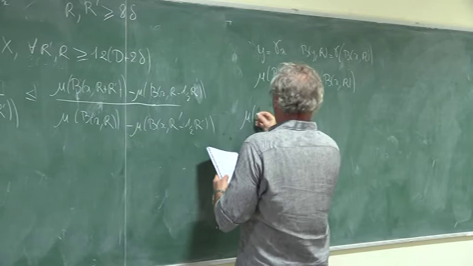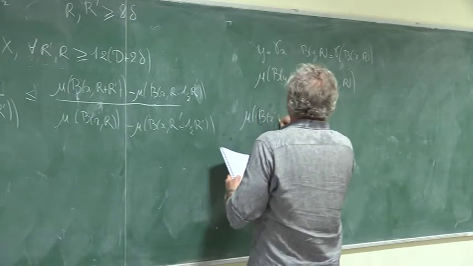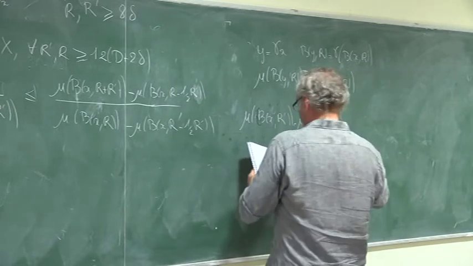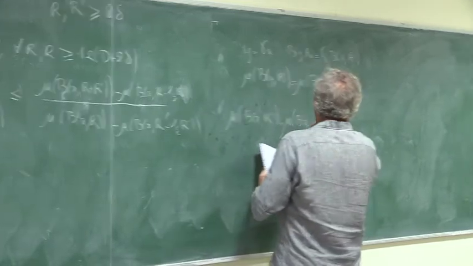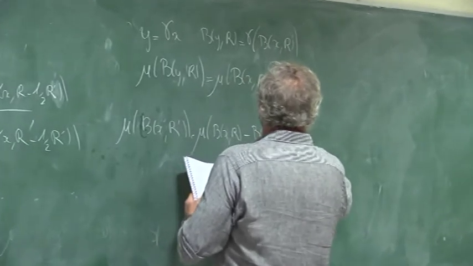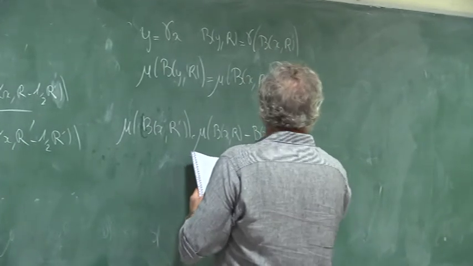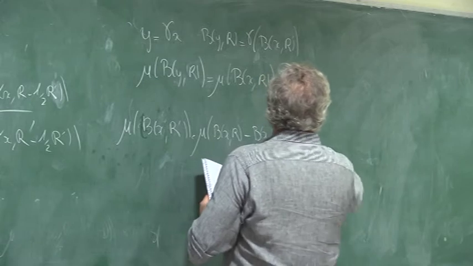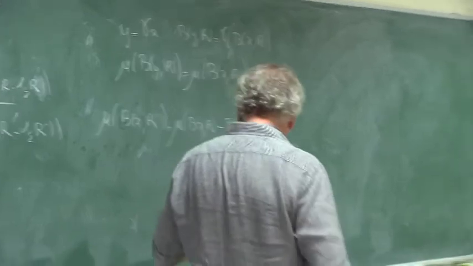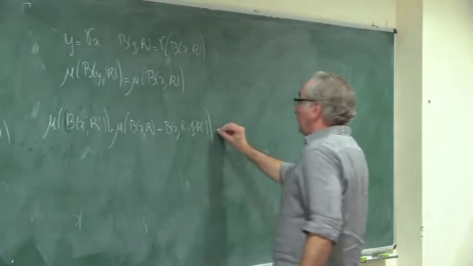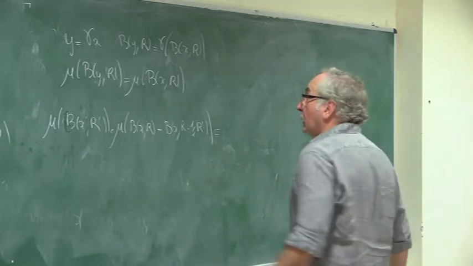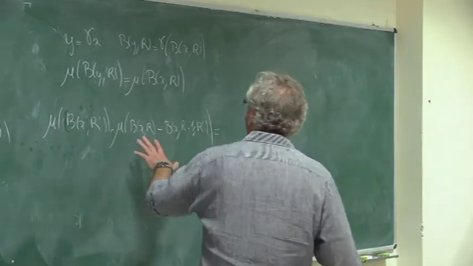So what I want to understand is this times the measure of the ball centered at x and of radius r minus the ball centered at x and radius r minus 1 alpha of r prime. And this is a product.